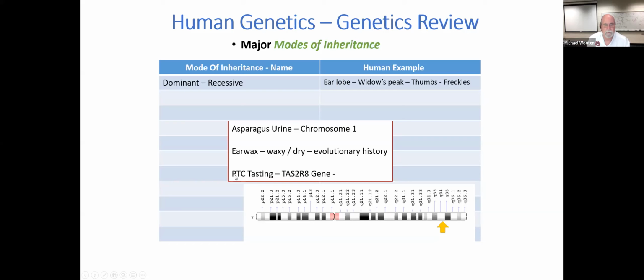And other things like PTC tasting. We know that, while there are several genes involved, it's primarily the TAS2R8 gene, which is found down here in the lower end of chromosome 7. And that's a transport gene. It's one that transports lots of things that end up tasting bitter to us, so it's in your tongue and mouth.